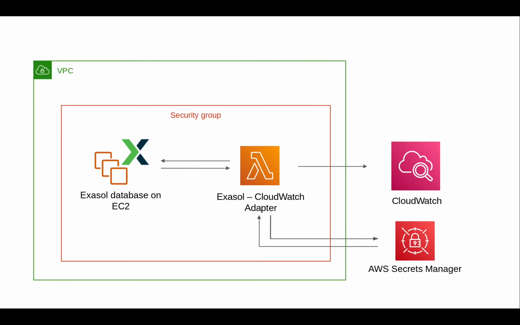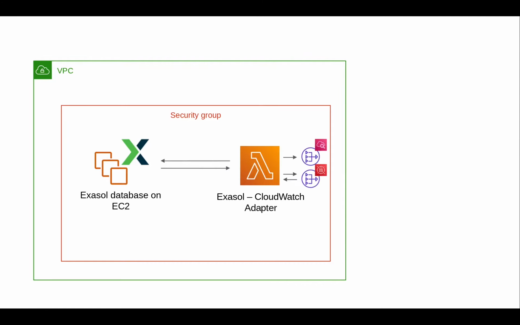But by that, it might not be able to access the external AWS services anymore. To solve this issue, we create custom endpoints inside of your VPC for these services. So using this setup, your CloudWatch adapter can connect to your Exasol database and to the CloudWatch and Secrets Manager service. Okay, so let's get started with our hands-on guide and create a CloudWatch adapter.